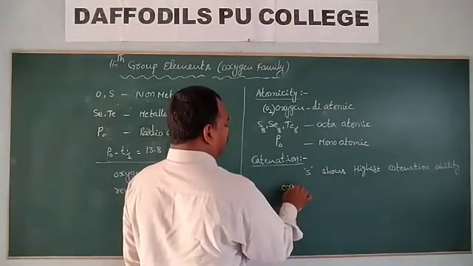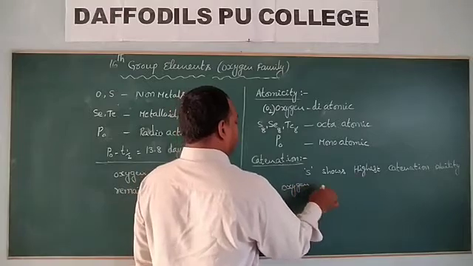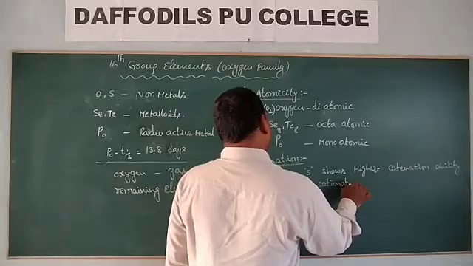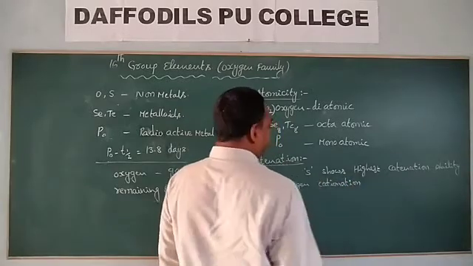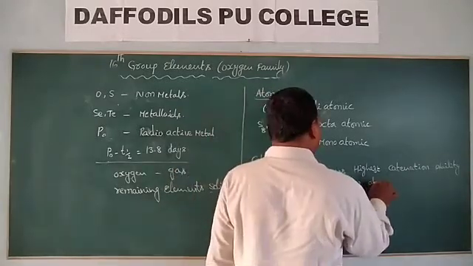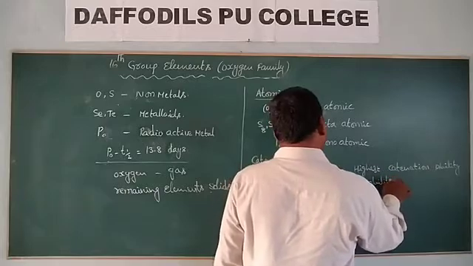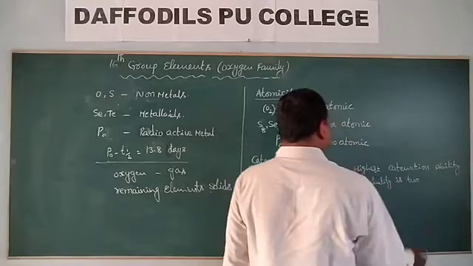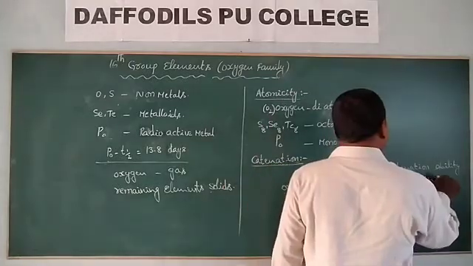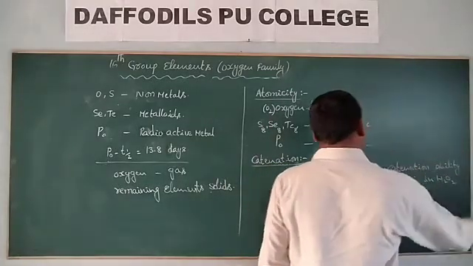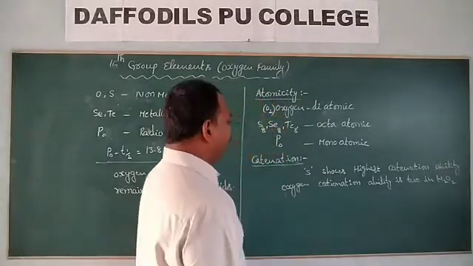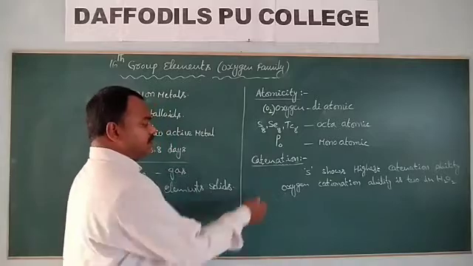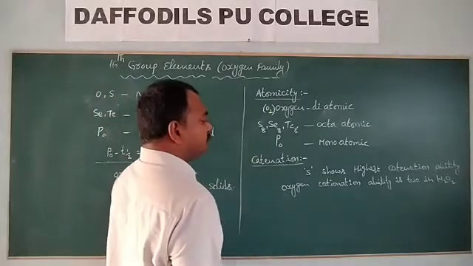Oxygen catenation ability is 2 in H2O2. So while moving from top to bottom, catenation ability further decreases. Highest catenation ability is shown by sulfur.